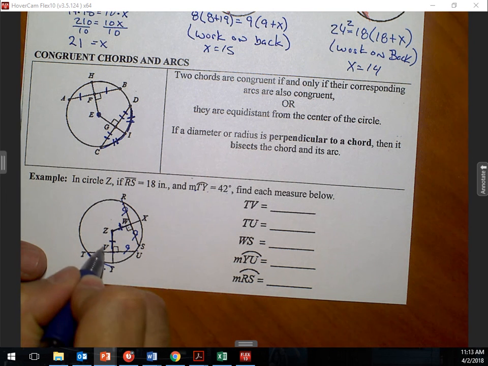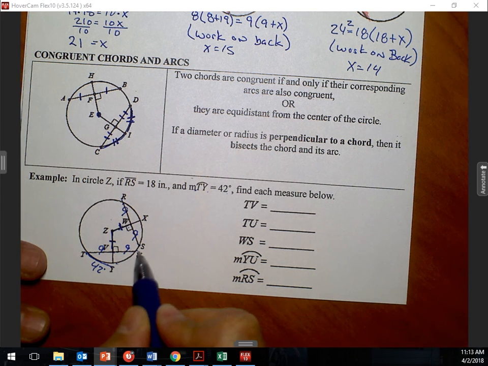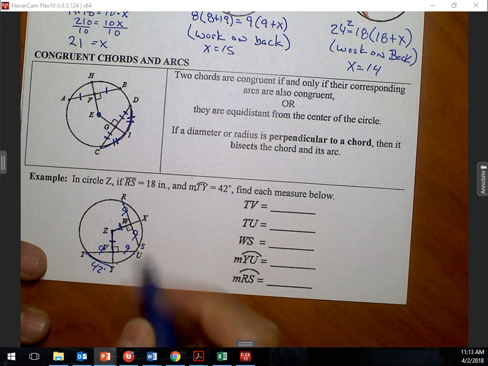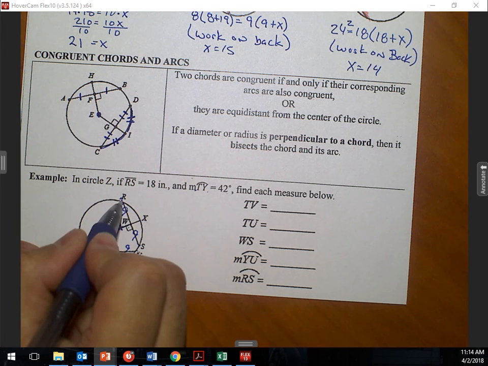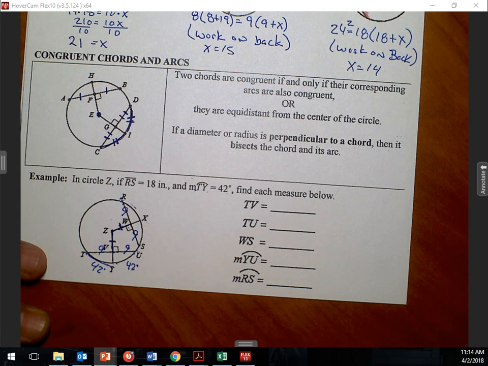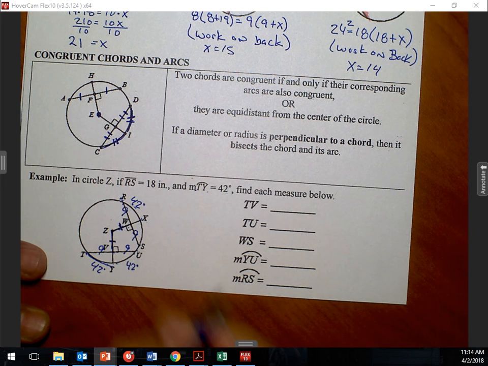So this is also 9. So if this is 42, what is this? Okay, so what's arc RX? R to X, the arc. 42. What is X to S? 42.